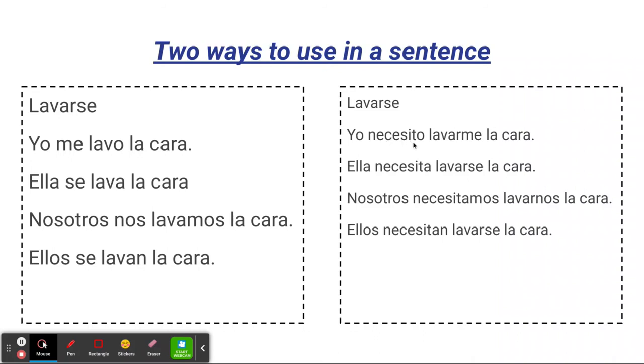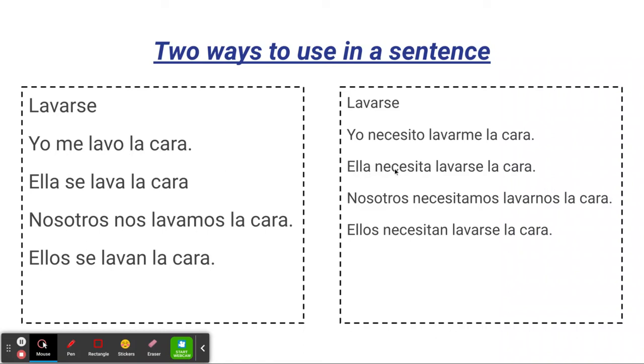Necesito is not an infinitive. Necesito is a regular verb. As such, okay, we're going to conjugate it and use it regular. But the reflexive verb is going to have the attached reflexive pronoun, okay? Yo necesito lavarme la cara. Same thing is going to happen no matter what the subject is.